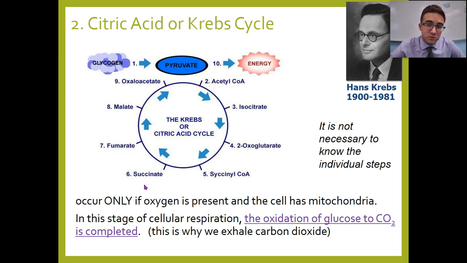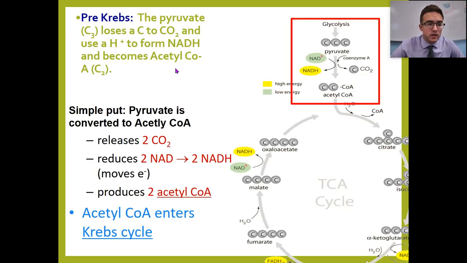What happens is we're going to finish oxidizing glucose, which just means we're going to move electrons away from it. Glucose is in the form of pyruvate now, and we also get carbon dioxide from this. The carbon dioxide that's made from cellular respiration is made during the Krebs cycle.